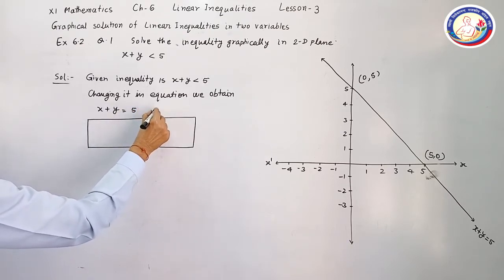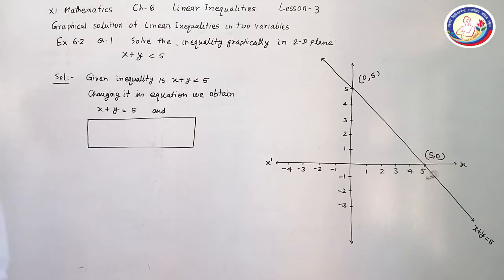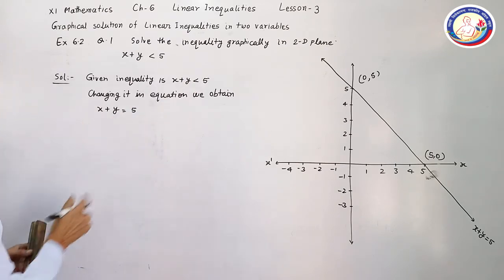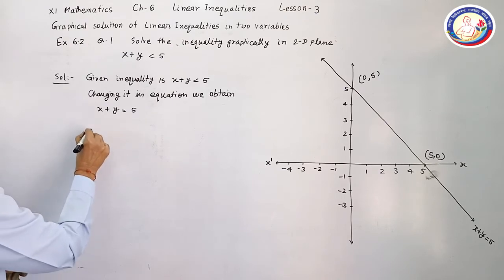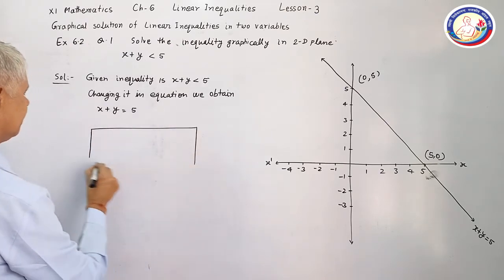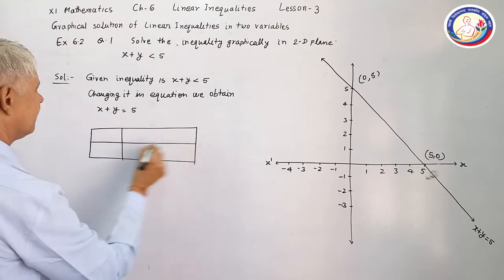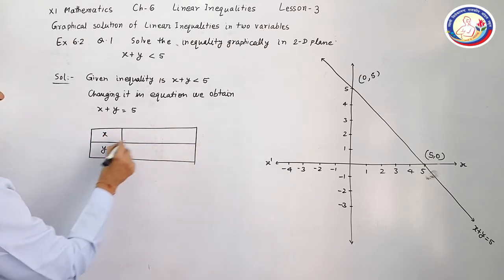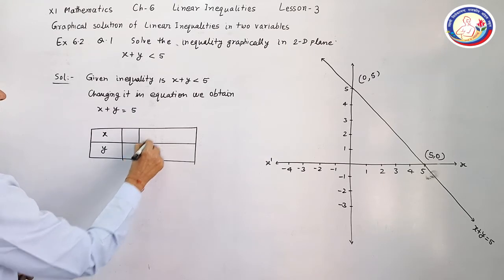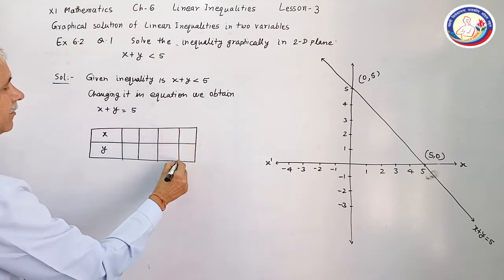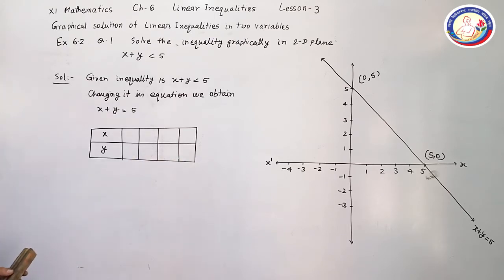For this equation, you can find pair of x and y satisfying this equation. 2 or 3 will do our need, but you must at least find two solutions.